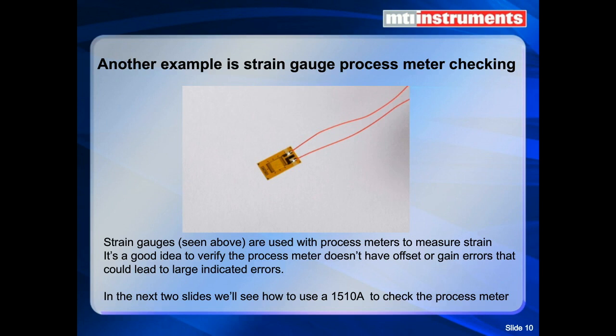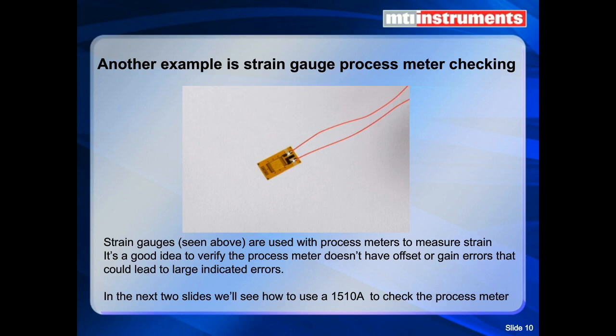And these outputs are typically fairly small values that we're measuring. And we would use the bridge mode output of the 1510 signal generator to simulate these small millivolt outputs. And if you know what the sensitivity function of the strain gauge is, you can exactly simulate that to check that your subsequent system, process monitor or data acquisition system is correct.